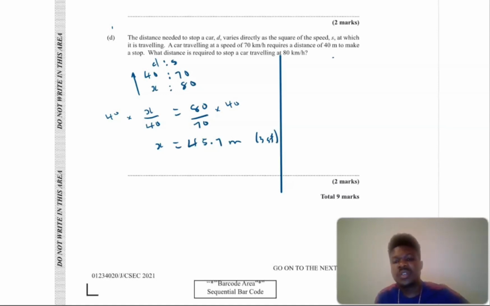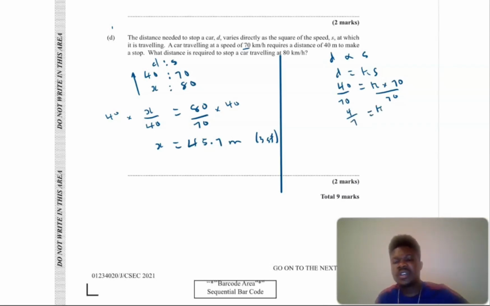Now as the equation, we know it would be d is directly proportional to s, which means that d is equal to ks, and they tell us that when s is 70, d is 40, so it'll be 40 is equal to k times 70, divide both sides by 70. This would give us what k is, so k would be 4 over 7.